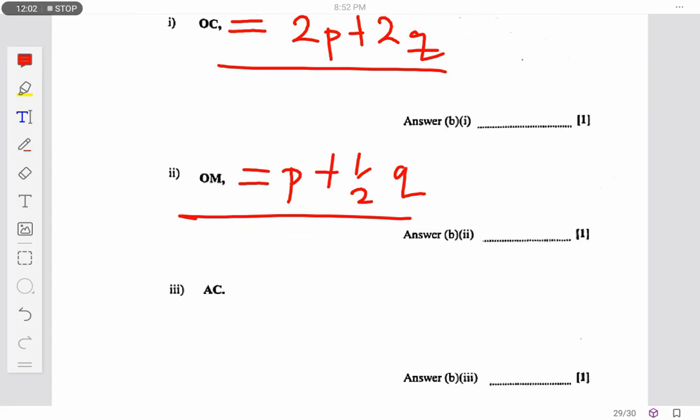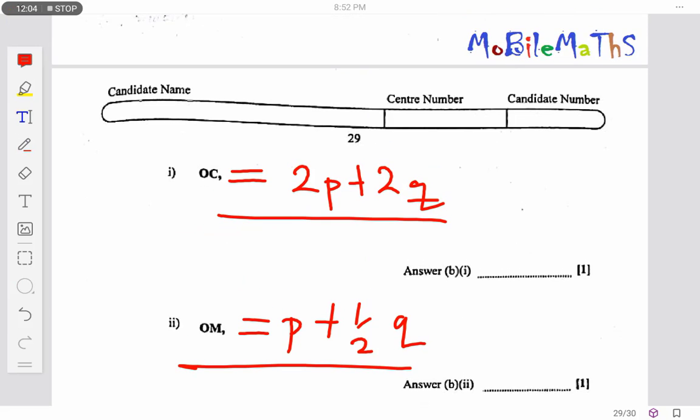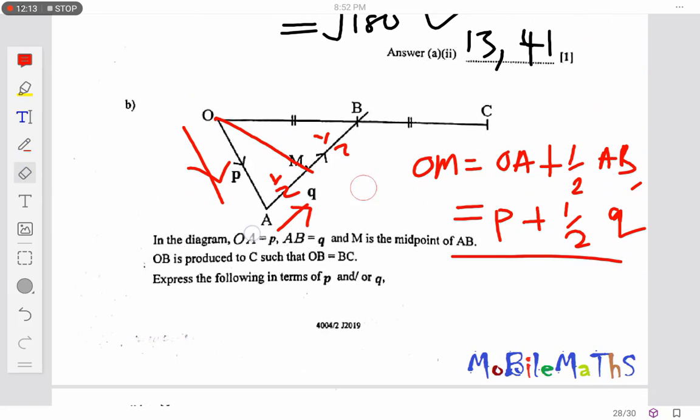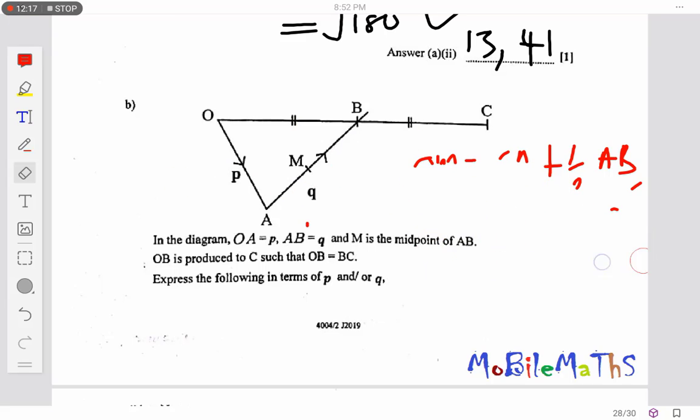Let's see. We now want to find AC. Okay, how do we get AC? Let's go to our diagram. The diagram is very, very important so that you see the route that you are moving.